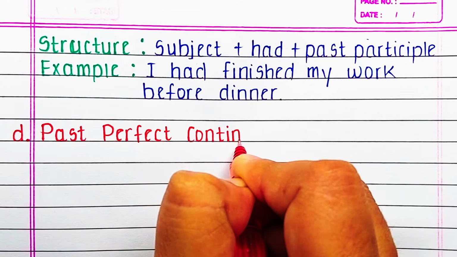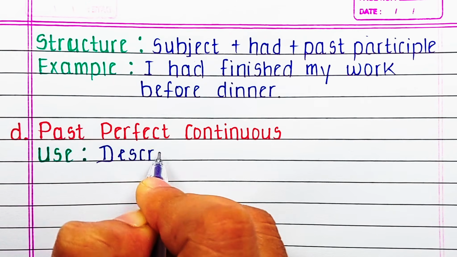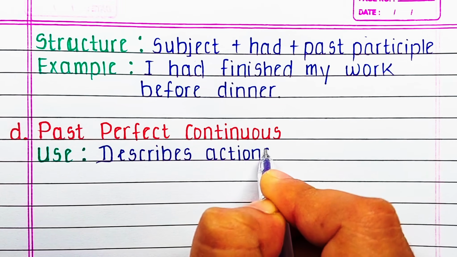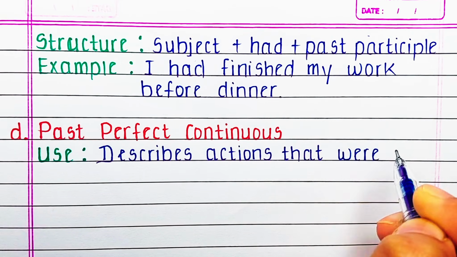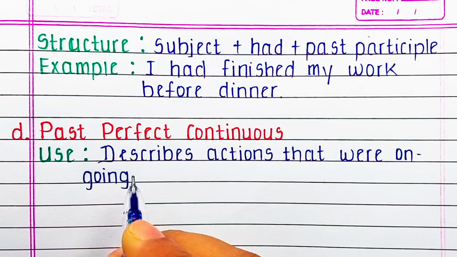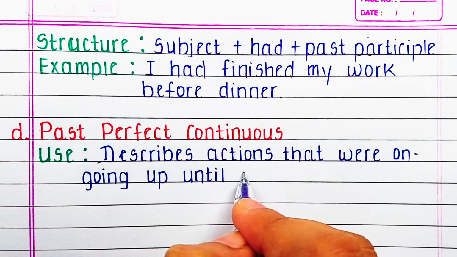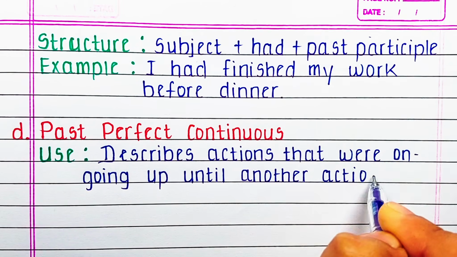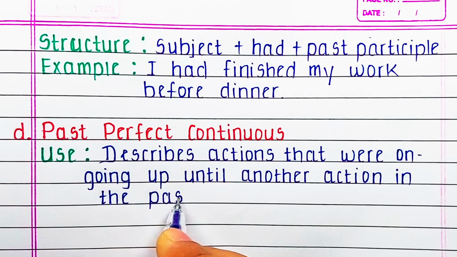Now, the next subtype is past perfect continuous. It is used in events that describe actions that were ongoing up until another action in the past.